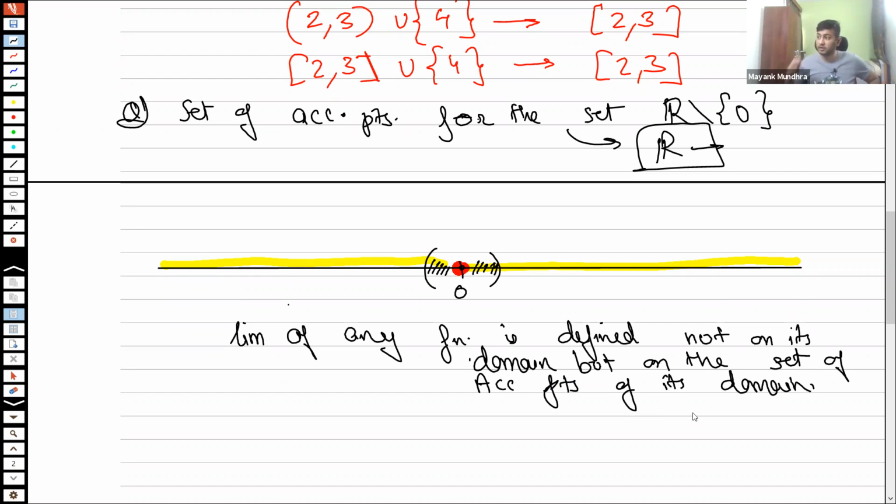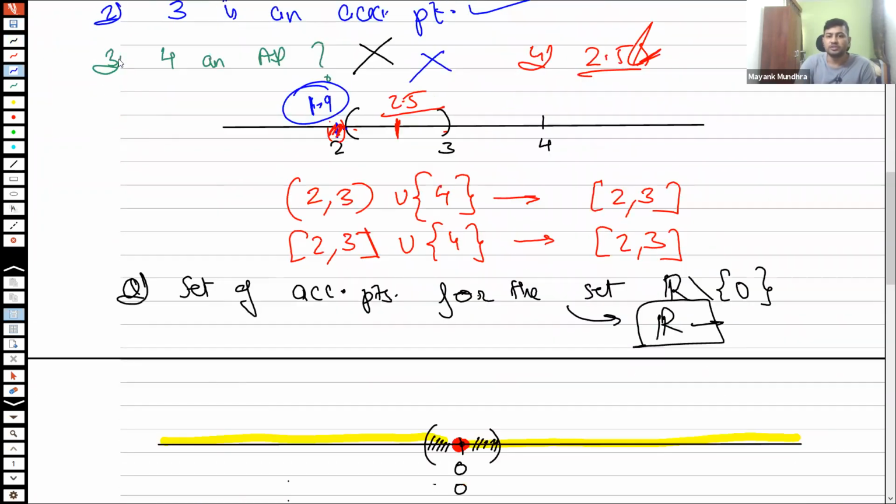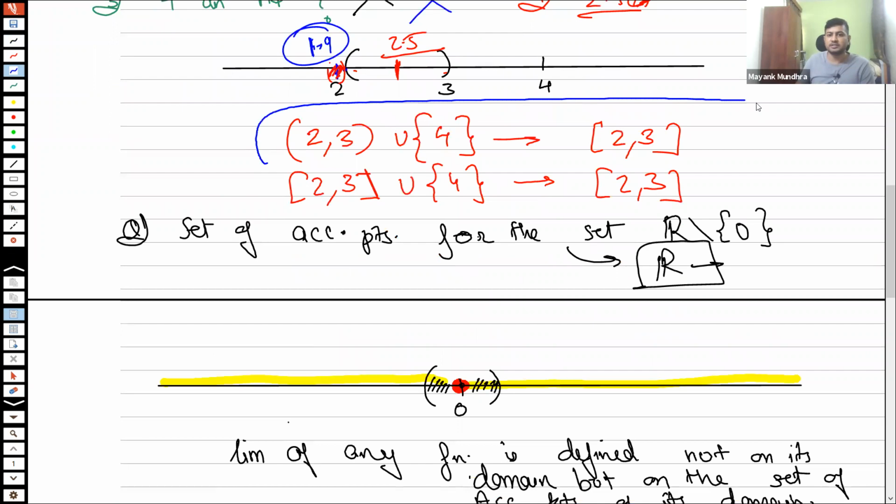So when we talk about the limit of a function, we don't need the point at which we are checking the limit to be a point in the domain, but we need to check if the point is an accumulation point or not. Okay, so suppose a function is defined on this set.